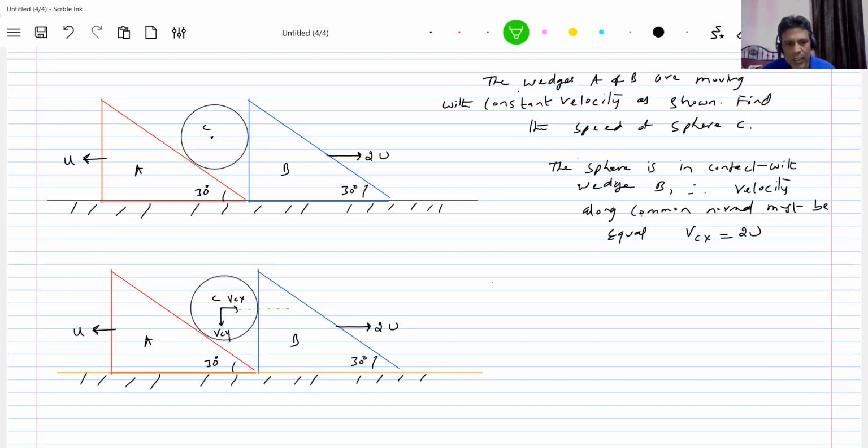And then similarly, the sphere is in contact with the wedge A also. So velocity along common normal between C and A should be equal. What is the common normal? Common normal will come like this. Are you seeing those common normals?